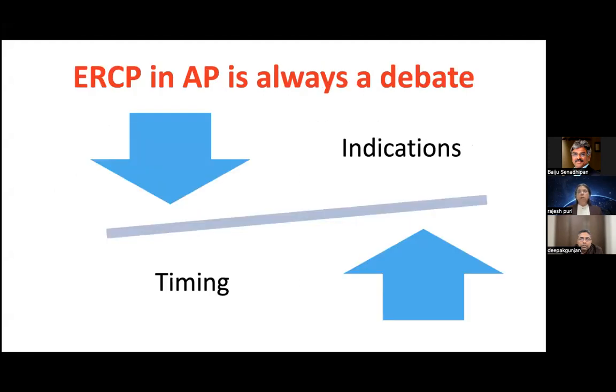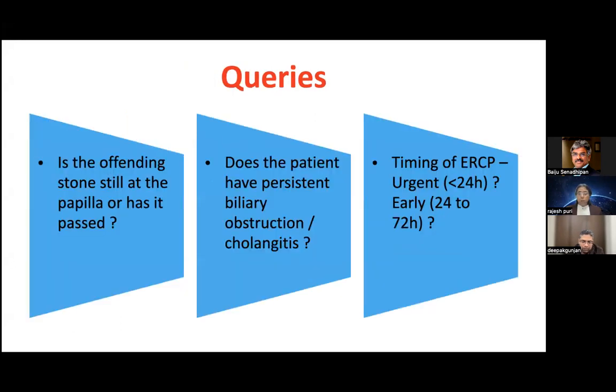So there will always be a debate about what the timing of ERCP should be and in which group of patients you do an ERCP. Is it all patients of acute pancreatitis? Should all patients of acute biliary pancreatitis be subjected to ERCP, or a selected group? So the queries are: is the offending stone still at the papilla or has it passed off?